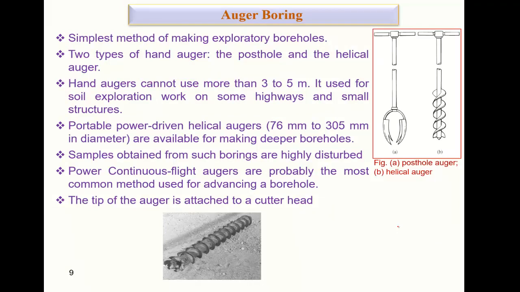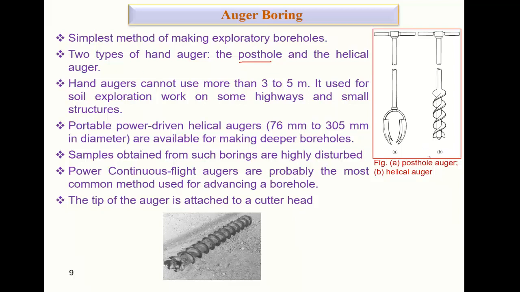Okay, so if we start with the auger boring, this is one of the simplest methods of making the borehole. Usually two types of auger we'll see in the case of hand ones: the post hole auger and the helical auger.